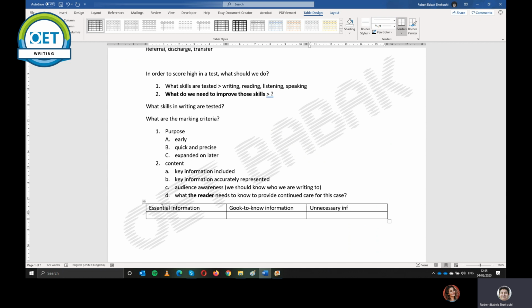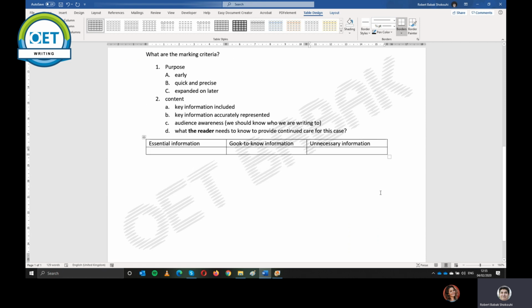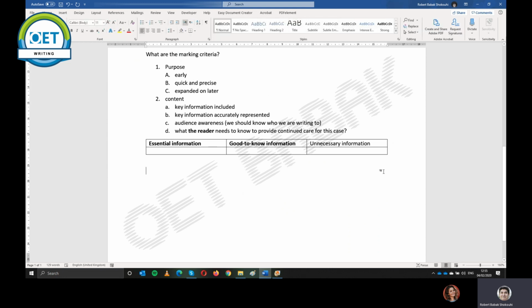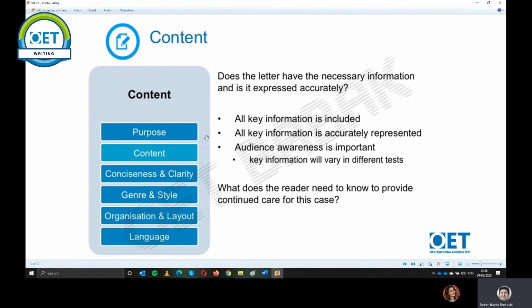So the key information is these two: good to know and essential. The rest is unnecessary. So do we have any problem with content? No. Thank you.